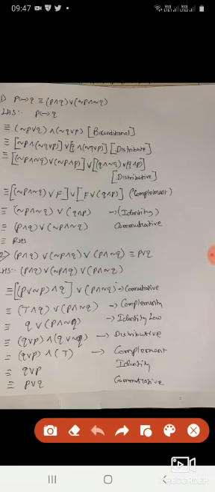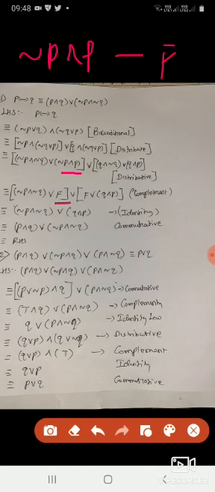Now in this one we will see P and negation of P, and P. A statement and its negation, that is the complement law. What is the complement law? P and negation of P means it is false. So Q and negation of Q is also false.